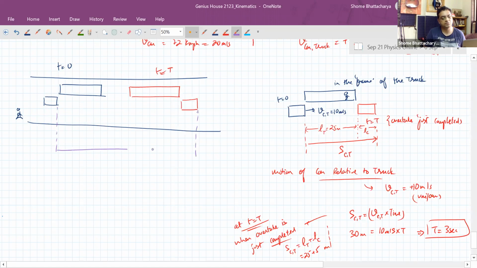So this is the displacement of the car, which is 20t. And this is the displacement of the truck, which is 10t.